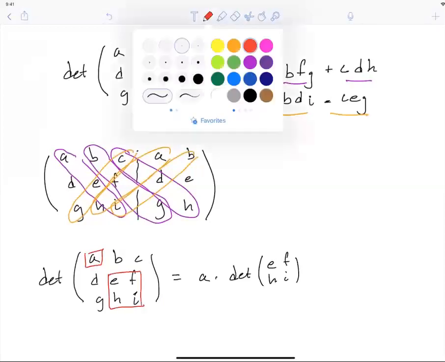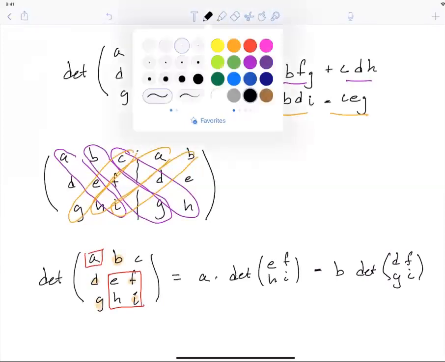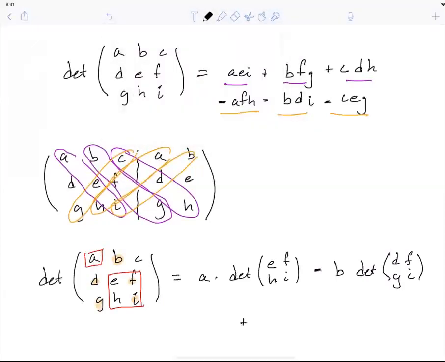And then we can subtract, and this is where things get a little weird. We're going to alternate. So B times the determinant of the matrix D, F, G, I. You'll notice that you're excluding the column of B. We subtract here because you're in the next column; you're going to alternate in this case. And then plus C times the determinant of D, E, G, H.